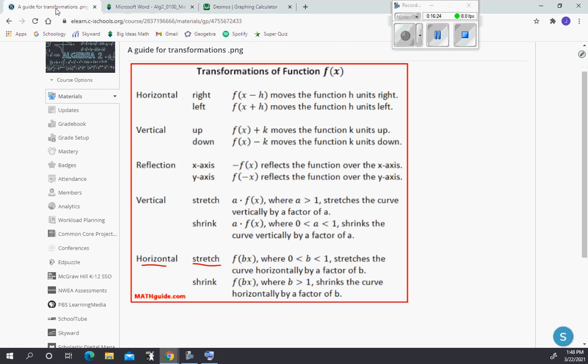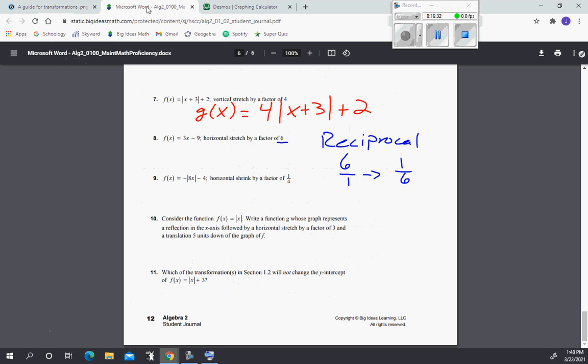And our horizontal stretch is the number multiplied to x. Well, we already have a 3x next to that. So we're going to have g of x equals 3 times 1/6 x minus 9. Can we multiply 3 times 1/6?